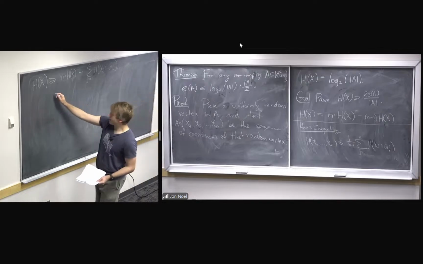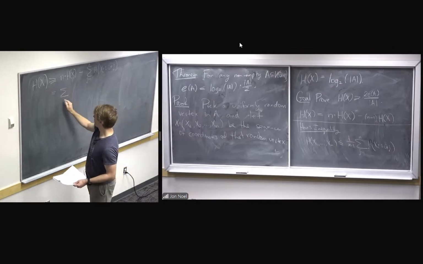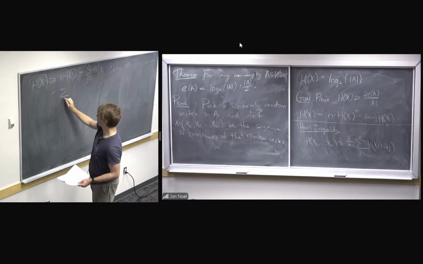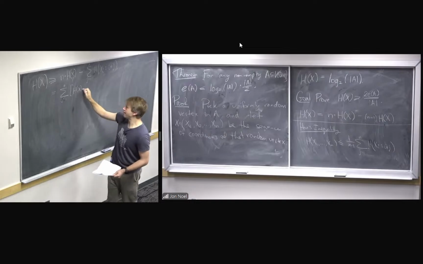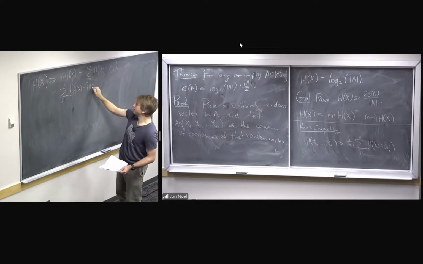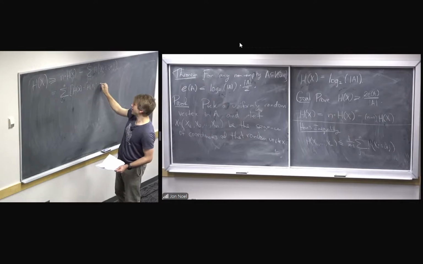Let's bring these together under a common sum: j equals 1 to n, entropy of X minus entropy of xi such that i is not equal to j.